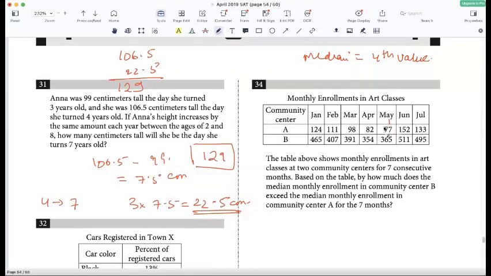This is 1, 2, 3. This is the 4th value. And for B, it is 1, 2, 3, and the 4th value, right? So the median happens in February for both. So the difference is 407 minus 111. So this is 296.